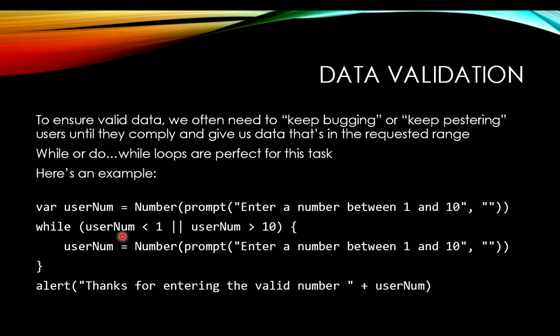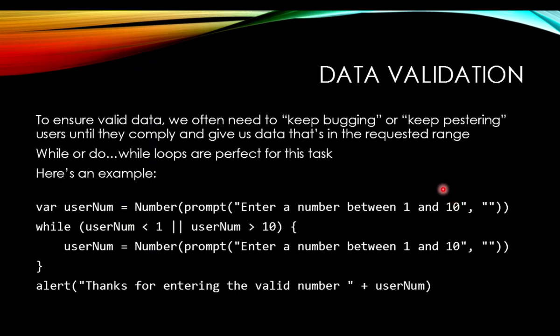This will continue to ask them over and over and over until they give us a number that is not less than 1 or greater than 10, which means it must be 1 to 10, all right? It must be exactly what you asked for. So this will keep them locked in this loop forever until they comply. As soon as they enter a number from 1 to 10, then it lets them out, and therefore you know you have a valid number.